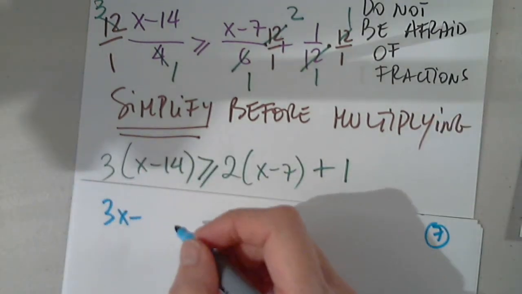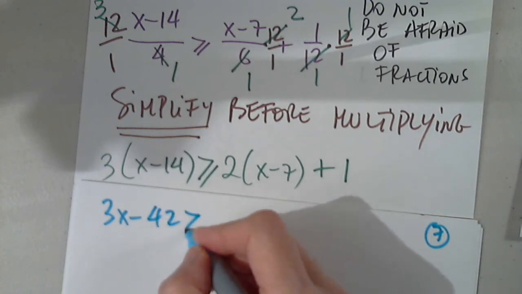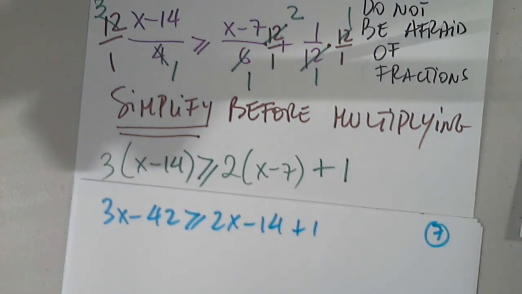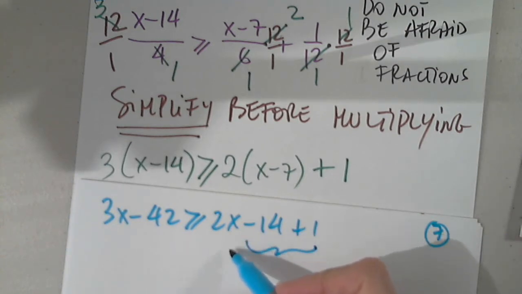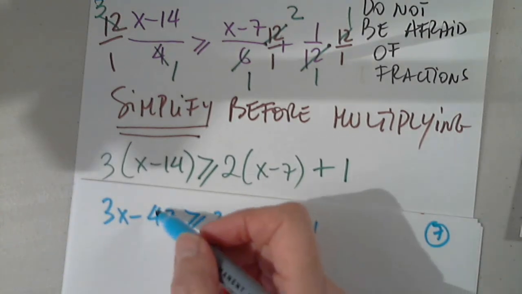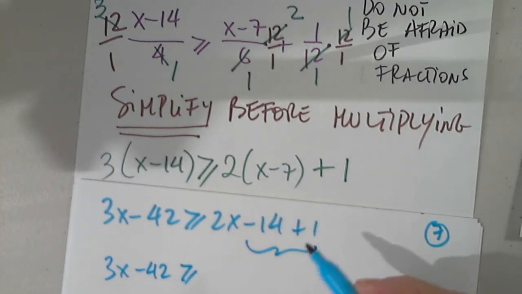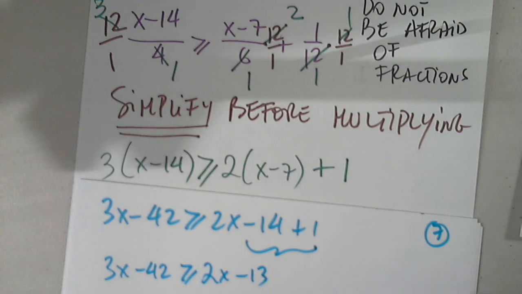3x minus 42 greater than or equal to 2x minus 14 plus 1. First I combine like terms, and then I will be moving 2x to the left and 42 to the right. So 3x minus 42, and this is 2x minus 13.